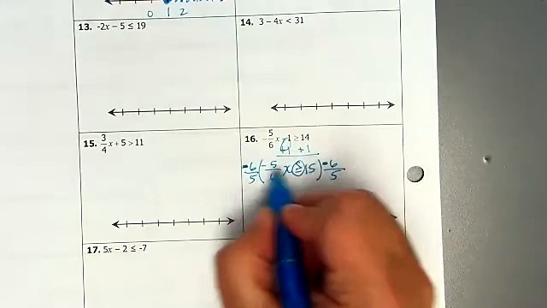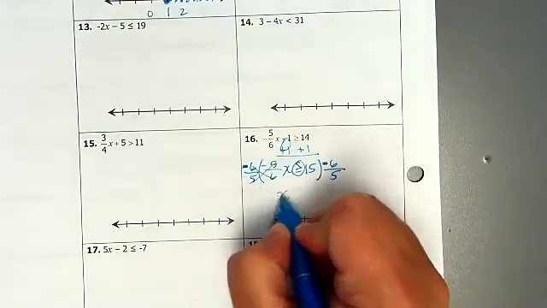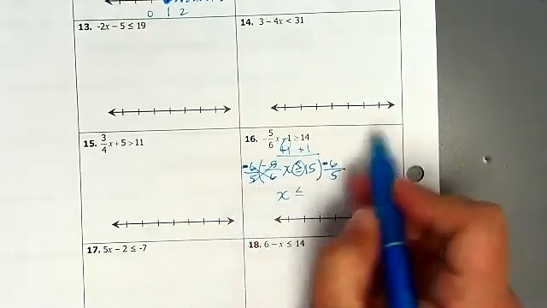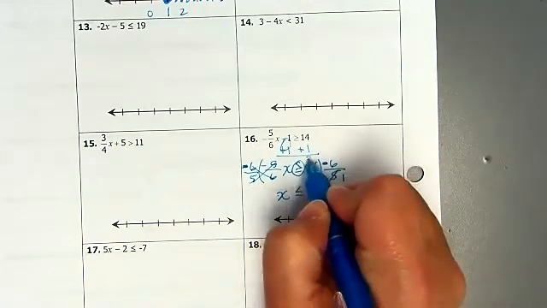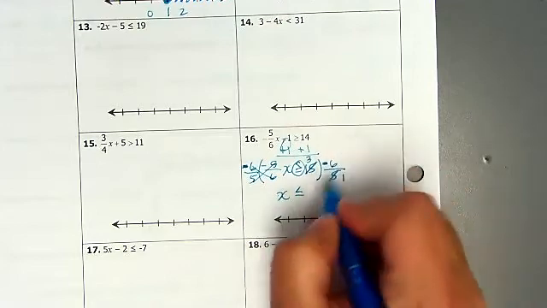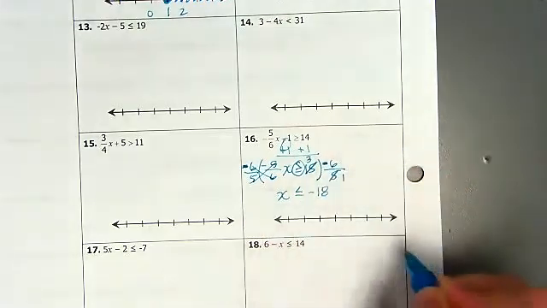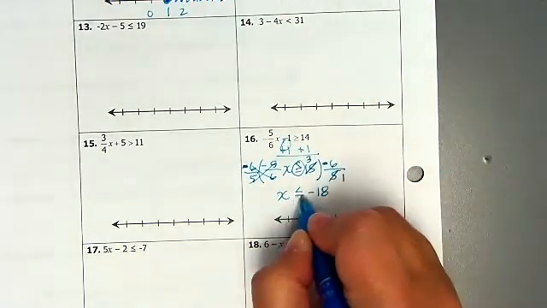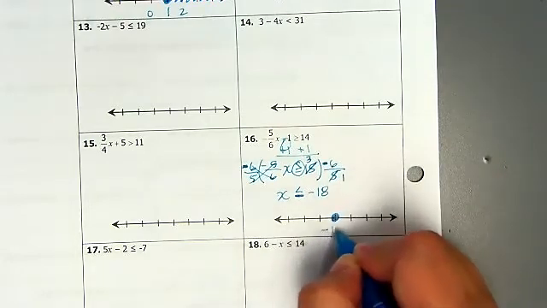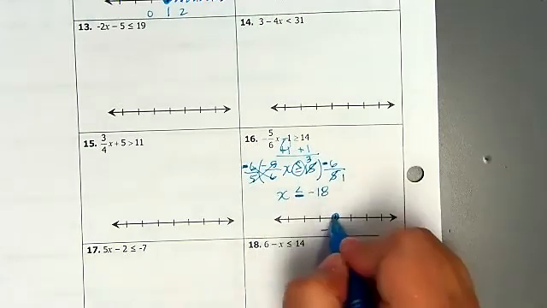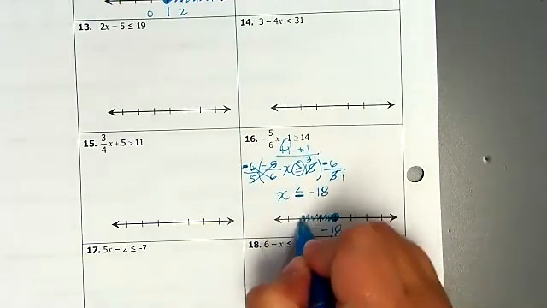This cancels, and I'm going to have x is less than or equal to... 5 goes into 5 one time, 5 goes into 15 three times, 3 times -6 is -18. This is an equal to bar, so it's a filled in circle at -18, and it's less than, so I shade to the left.